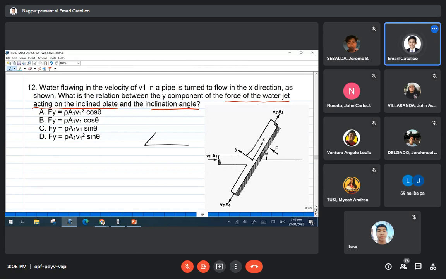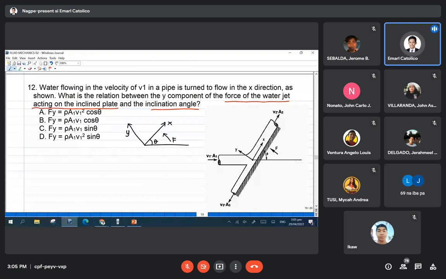Meron tayong x component. Meron tayong y component. Okay. Then meron tayong force dito. So sa force, meron ditong theta.